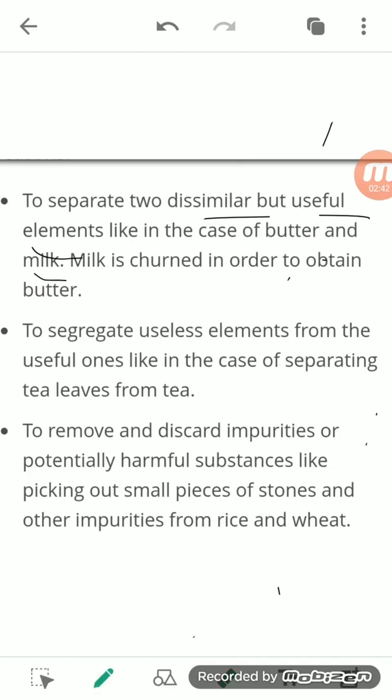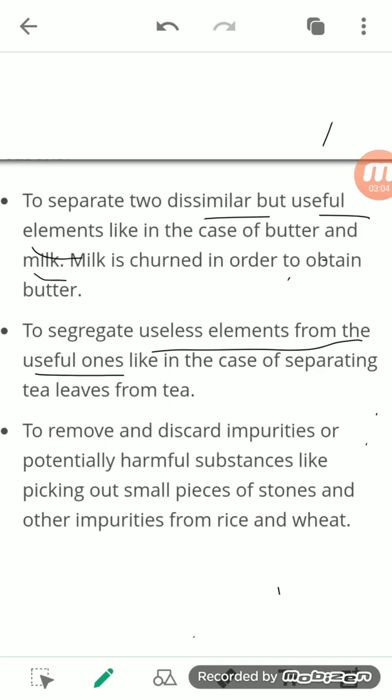Second, to segregate the useless element from the useful one. Okay, like in the case of separating the tea leaves from tea. So if you see, in the case of tea, we use the tea leaves and we use the other components in it.